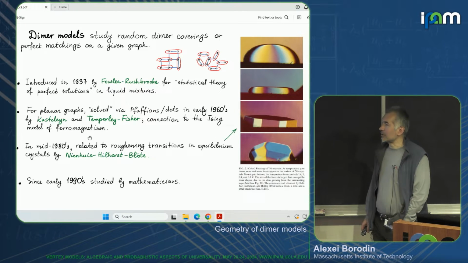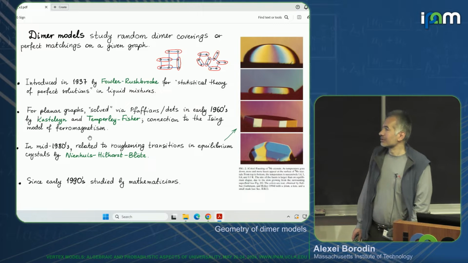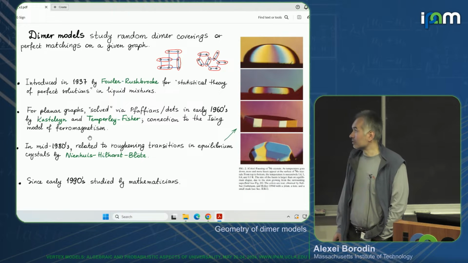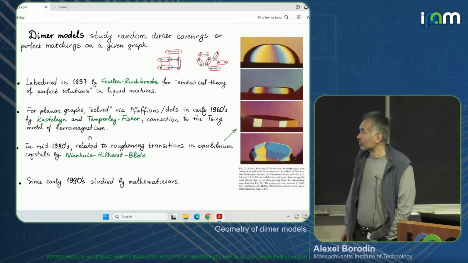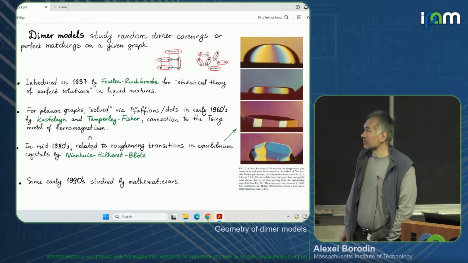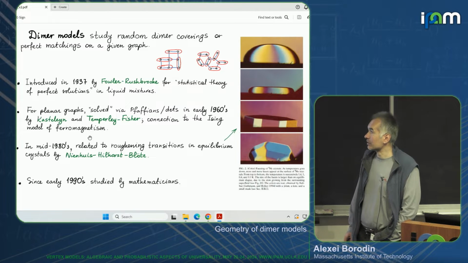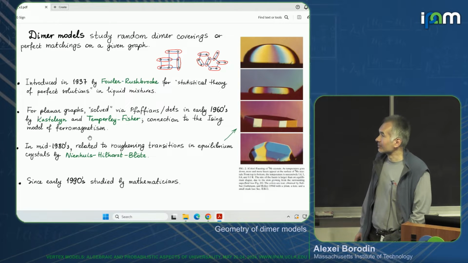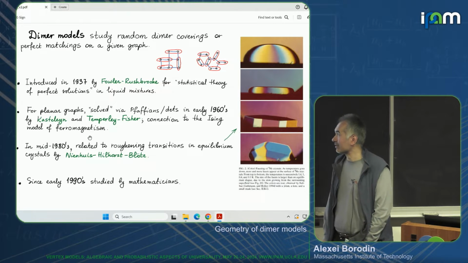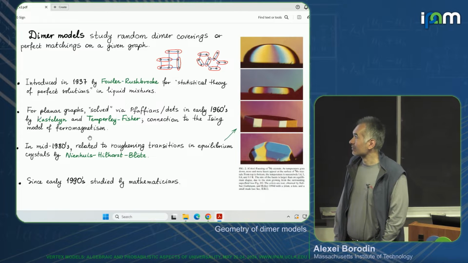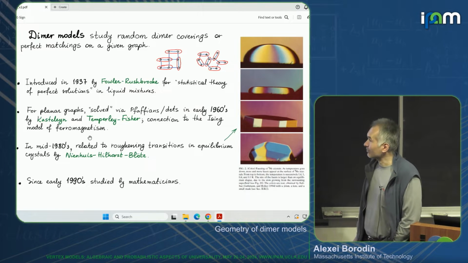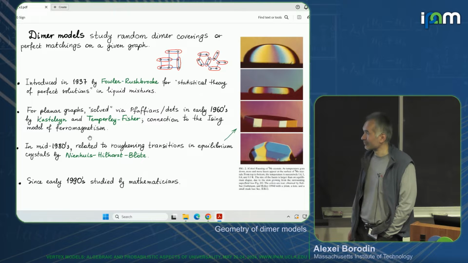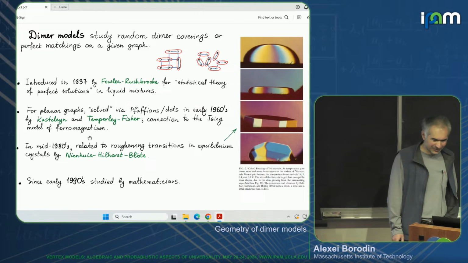So dimers, as a subject, go back a long time to the chemistry literature. At least this is the earliest reference I was able to trace, somewhere in the 30s, actually probably the same year when the six vertex model was first introduced, also in chemistry, but by a different person.